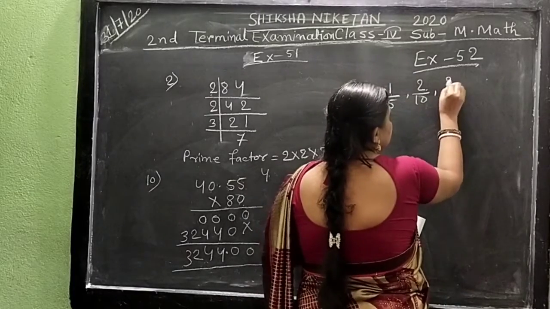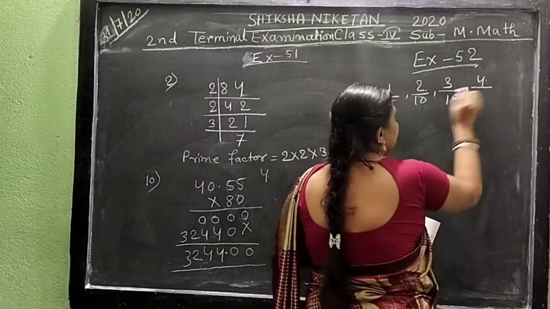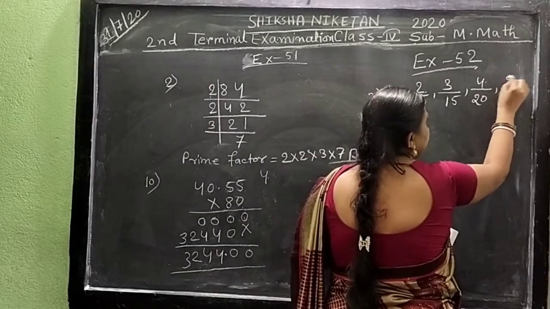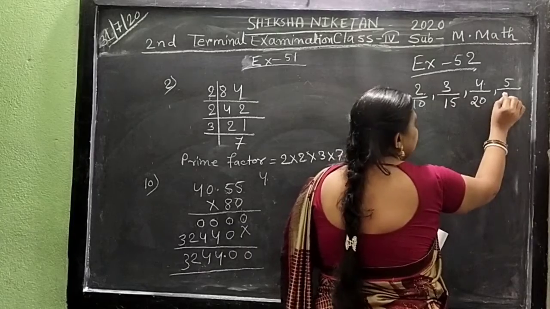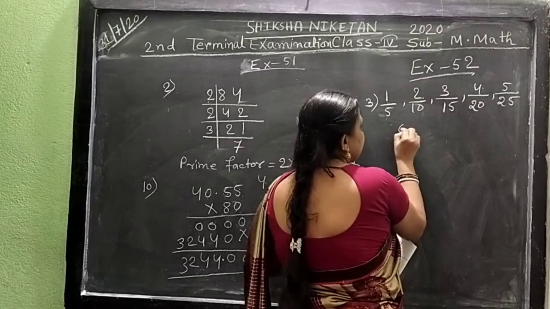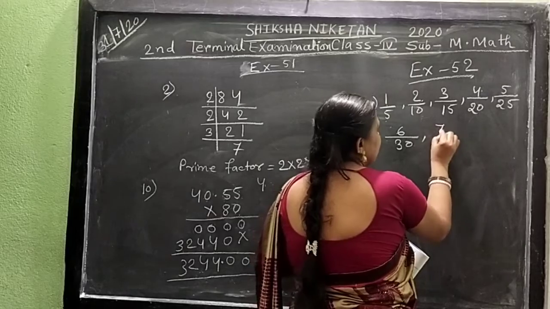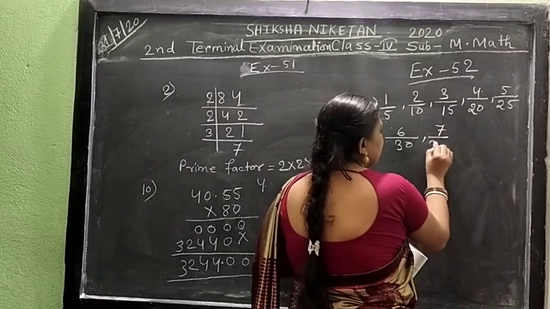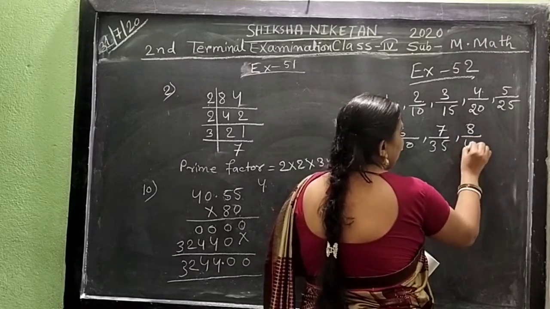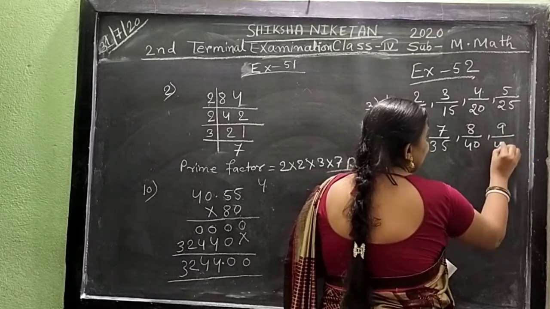Okay. 3 5s are 15. 4 5s are 20. 5 1s are 5, 5 5s are 25. 1 6s are 6, 5 6s are 30. 1 7s are 7, 5 7s are 35. 1 8s are 8, 5 8s are 40. 1 9s are 9 and 5 9s are 45.